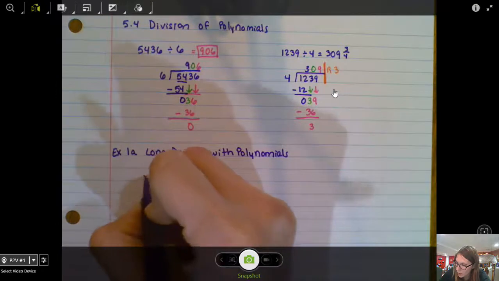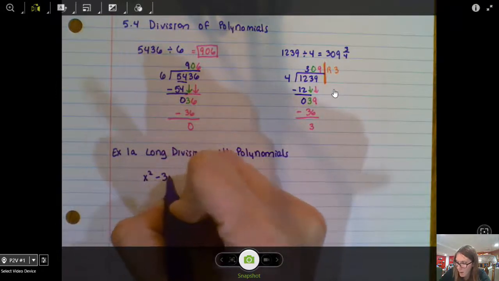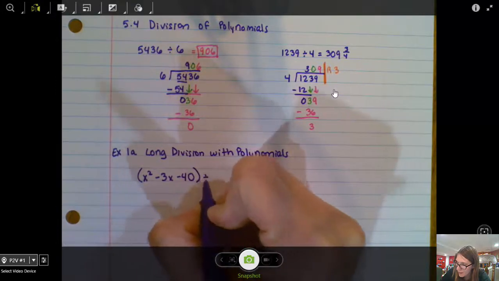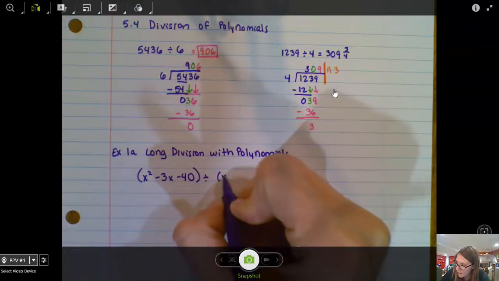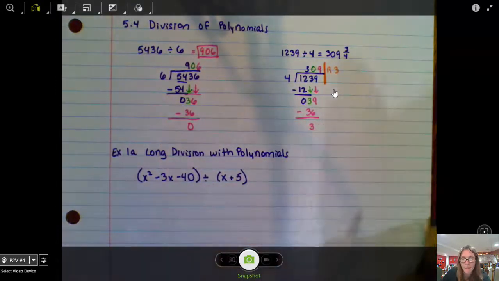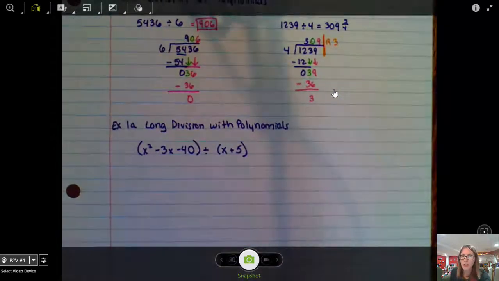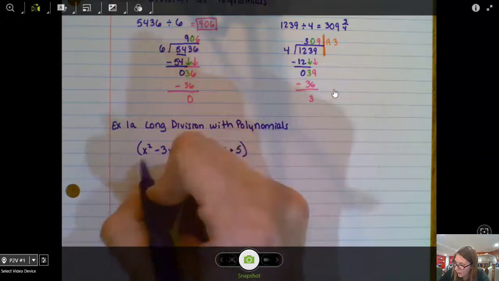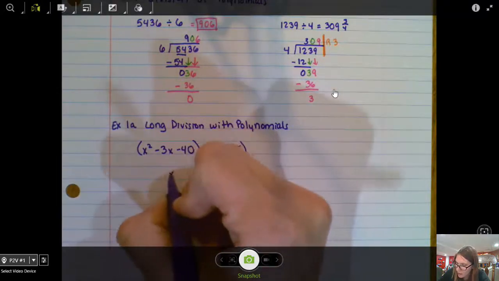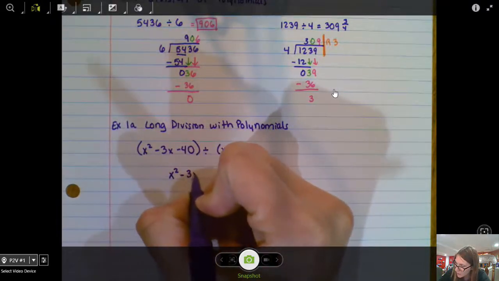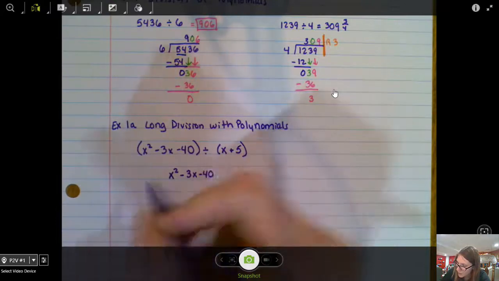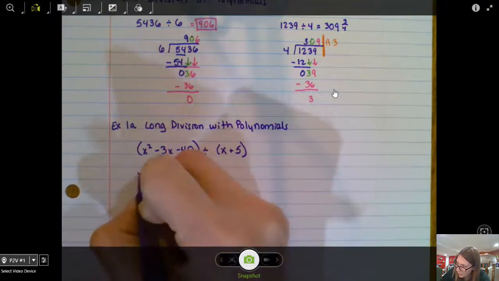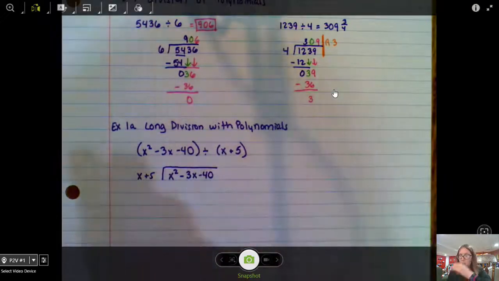And we're going to do x squared minus 3x minus 40 divided by x plus 5. And just like with our regular long division with numbers, whatever we are starting off with goes underneath our division bar. And whatever comes next goes in front of the bar.